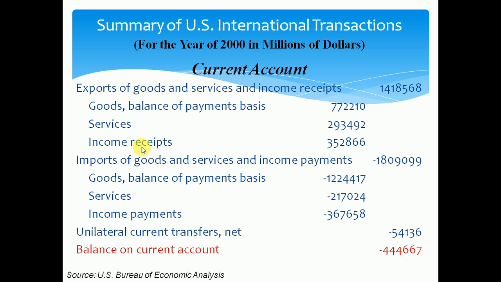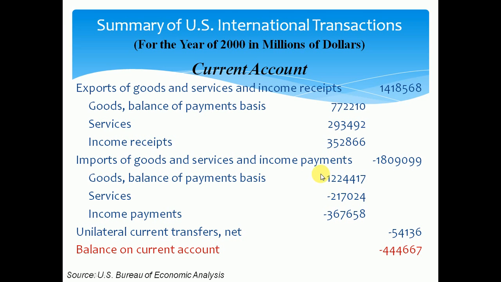And factor income, meaning the investment in securities, we received 3,52,866. Now, imports of goods and services and income payments. For imports, money is going out of the country. So the total figure is 18,09,099.